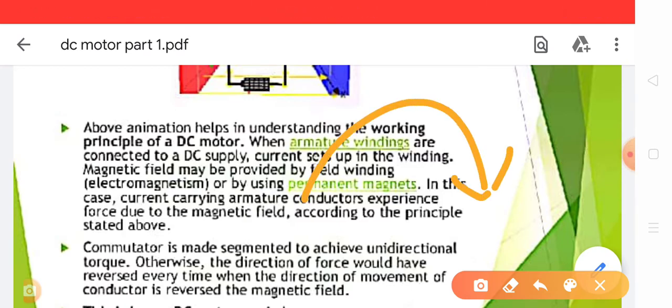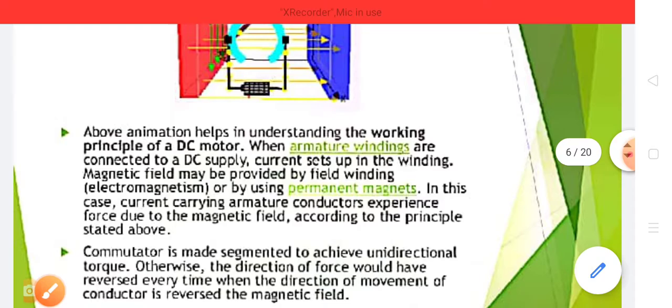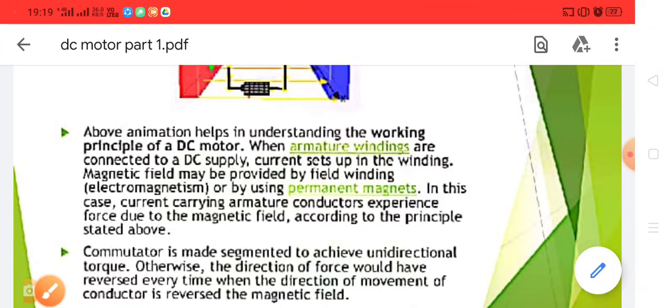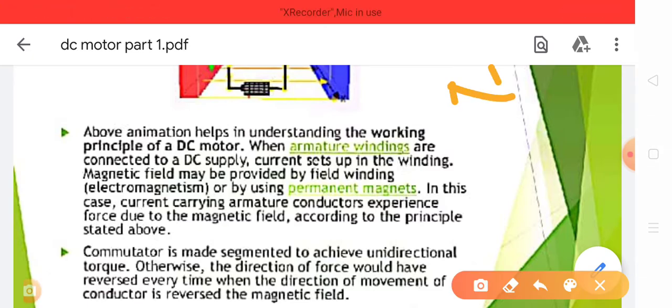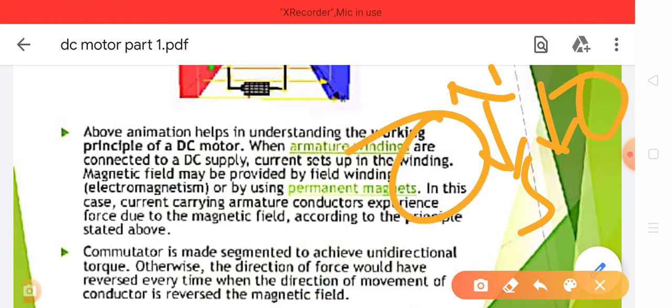If you interchange the terminals, north to south, in the previous case you took north to south in this direction. If you take the opposite direction, that is, from north to south in this downward direction, then on this side you have the low flux, and the high flux area will be on the right hand side and the low flux on the left hand side.